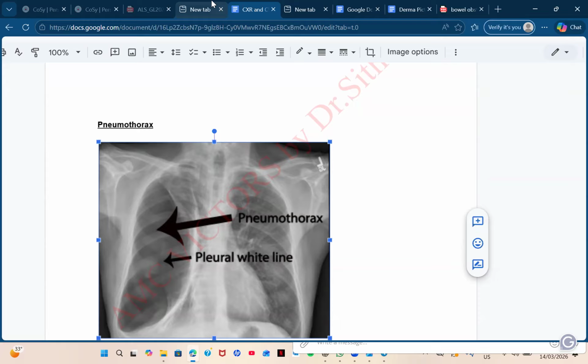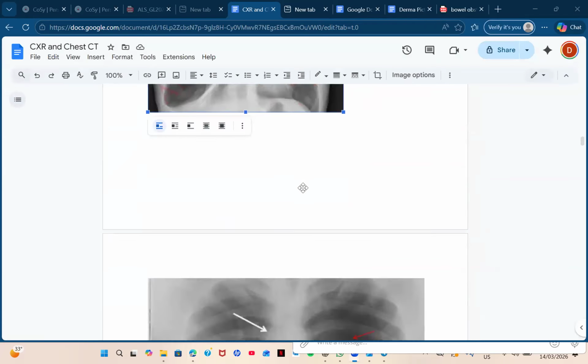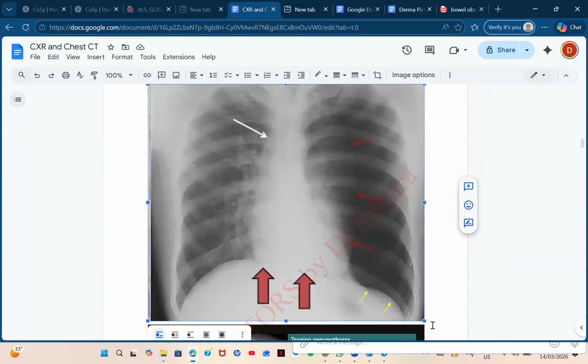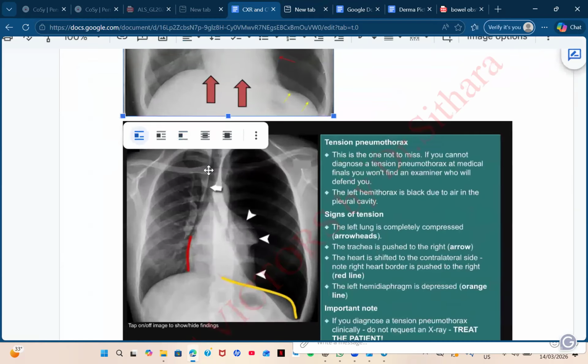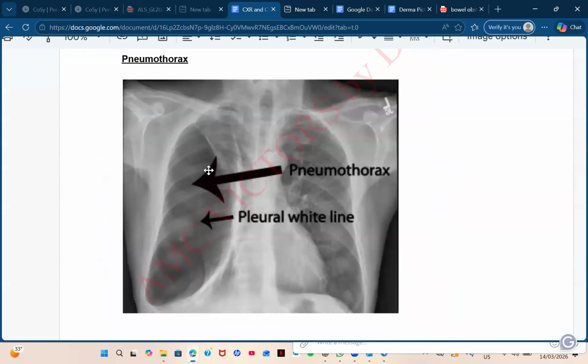Okay, collapsed lung, disappearing bronchovascular pattern, white line, pushed lung. Okay, here is what we can see. I'll show. So here we can see the collapsed lung, right?